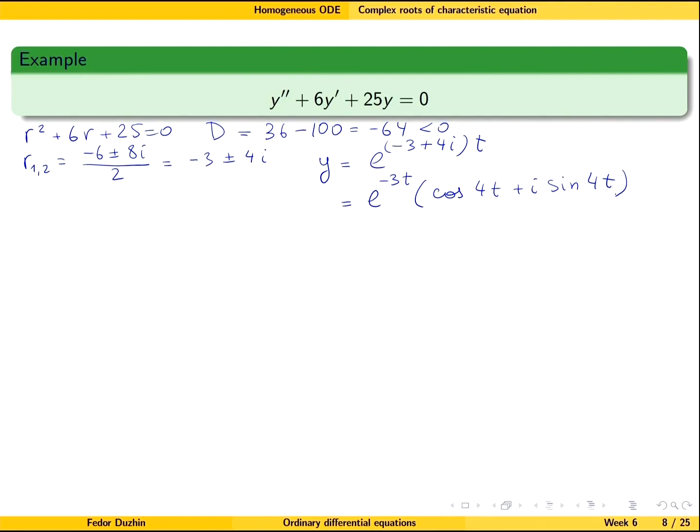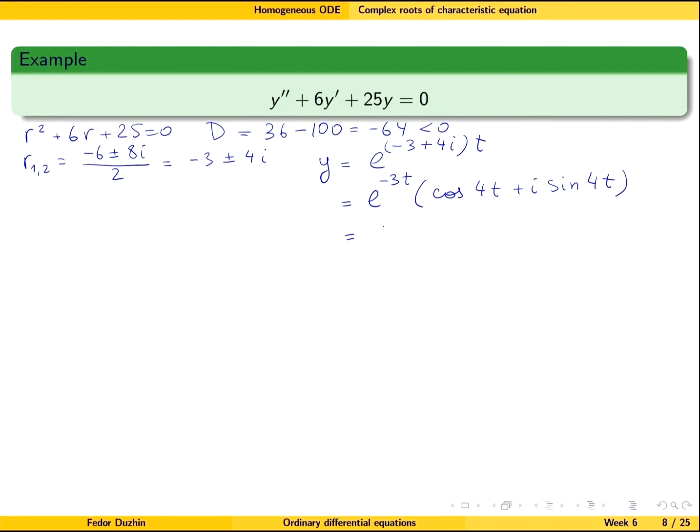Right, so what we know is that if we substitute this whole thing as y into the differential equation, we are going to get a true equality. But this is a complex number, so of course if a complex number equals 0, it means that its real part is 0 and its imaginary part is 0. Essentially it means that the real part and the imaginary part of this are both solutions of the differential equation.